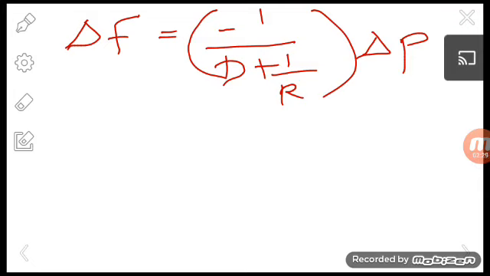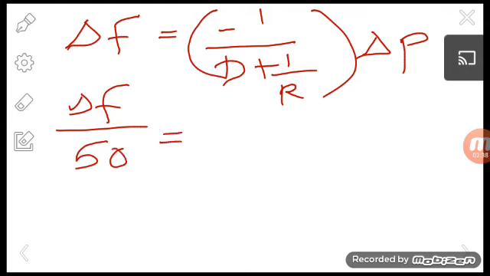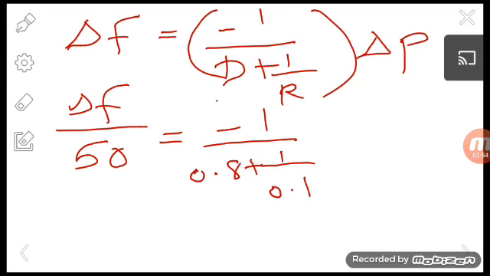So we are going to substitute the values here. Delta F by 50, where 50 is the original, normally working frequency, so we have to express delta F in terms of the normal frequency. So minus 1 by (0.8 plus 1 by 0.1) into delta P, which is expressed as 10 megawatt change in load, 10 by 100 MVA.